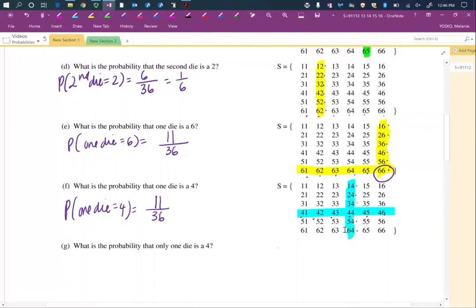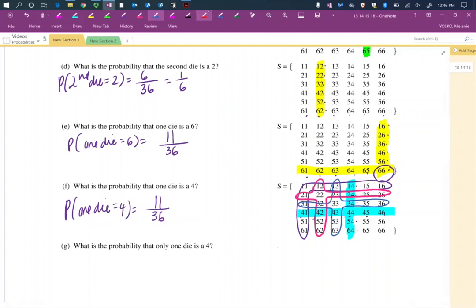What's going to happen, I'm going to go ahead and draw it on this one, is if you're saying one die is a 4, you can see I've highlighted it in blue. But if one die is a 1, it's going to be those. If one die is a 2, it's going to be those. If one die is a 3, it's going to be those. One die is a 4, I've already highlighted.